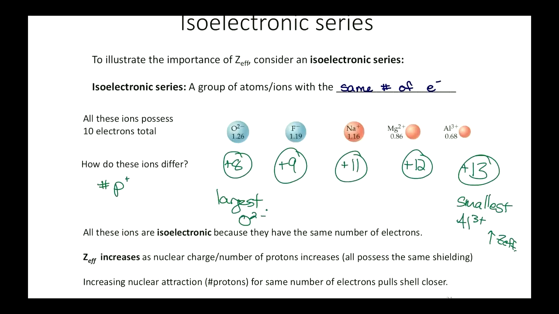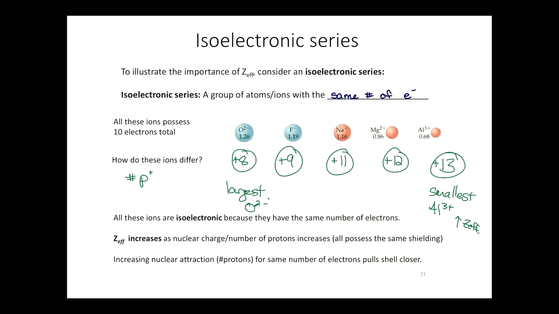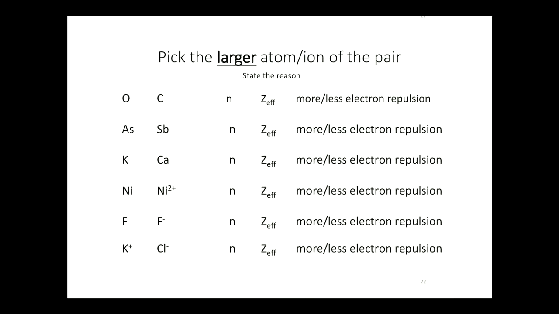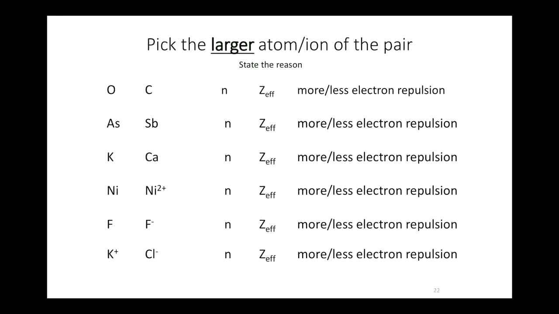So basically we're using that criteria, the second criteria here, to determine size, because I want us to pick the larger atom or ion in these different pairs, but I also want us to think about the reason. These are the reasons that I want you to consider, and they happen in the order in which you should refer to them.